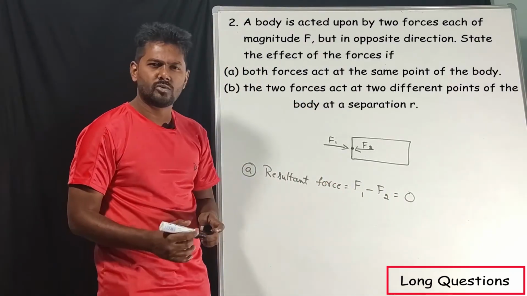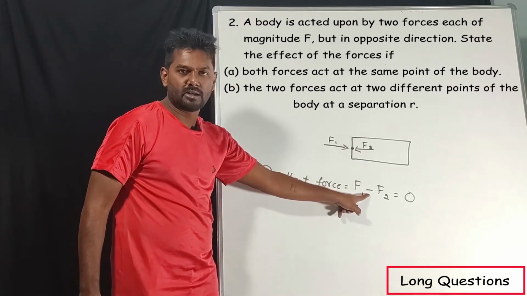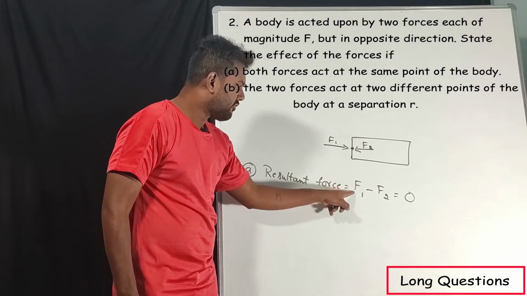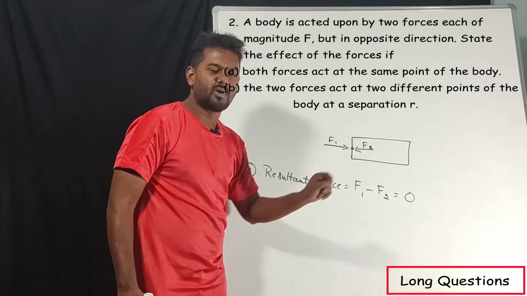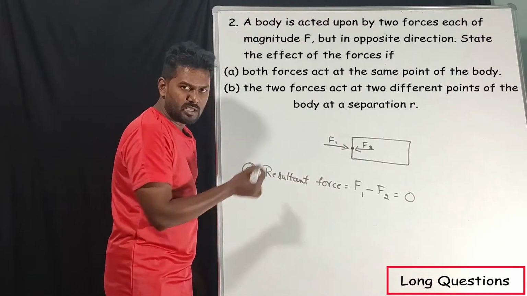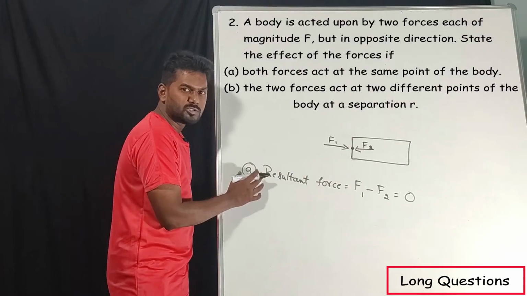Why F1 minus F2? Why not addition? If they are in the same direction, then we will add it. If they are opposite in direction, we have to subtract it. We know F1 value is equal to F2 value. That is why F1 minus F2 is equal to 0. The resultant force will be 0. So there will be no effect on the body due to subquestion A.